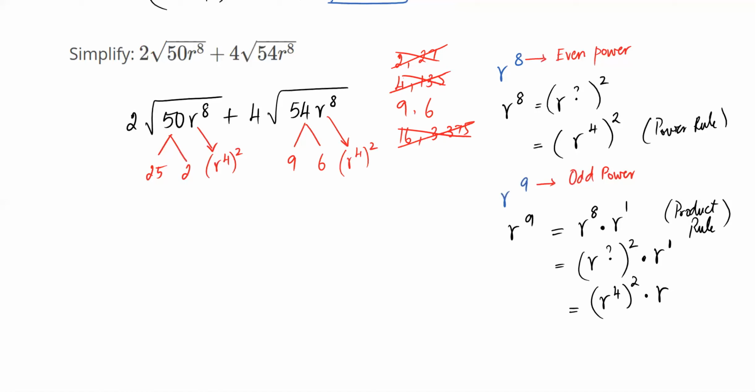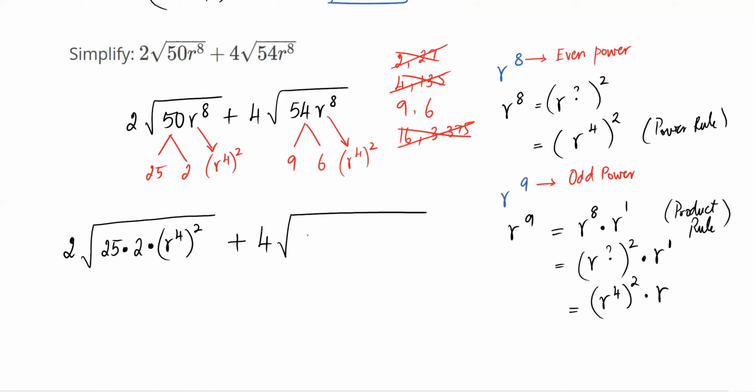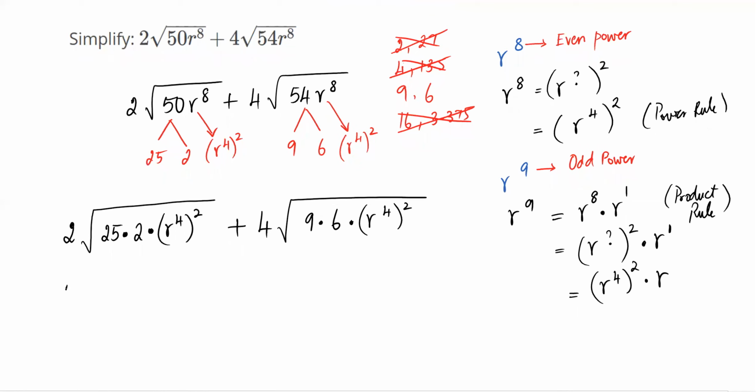All right, so now let's put all of these in perspective. The 2 outside the radical is tagged along, no work there. And the action inside the radical is, you have 25 times 2 times r power 4, the whole square, plus the 4 outside the radical is then brought down. And this is written as 9 times 6 times r power 4, the whole square. Now let's split them into separate radicals.